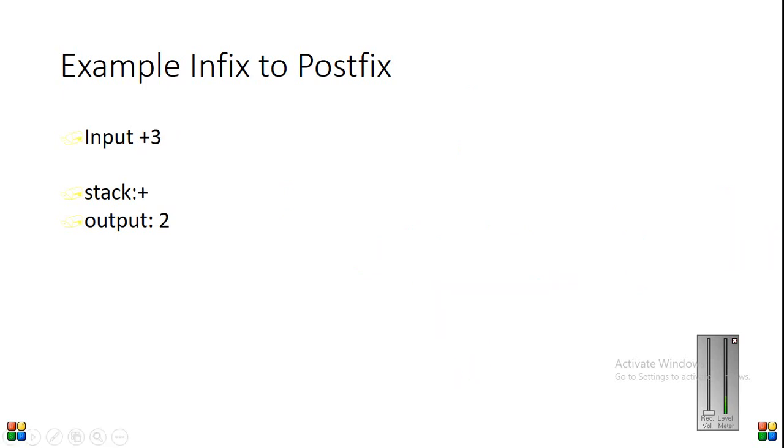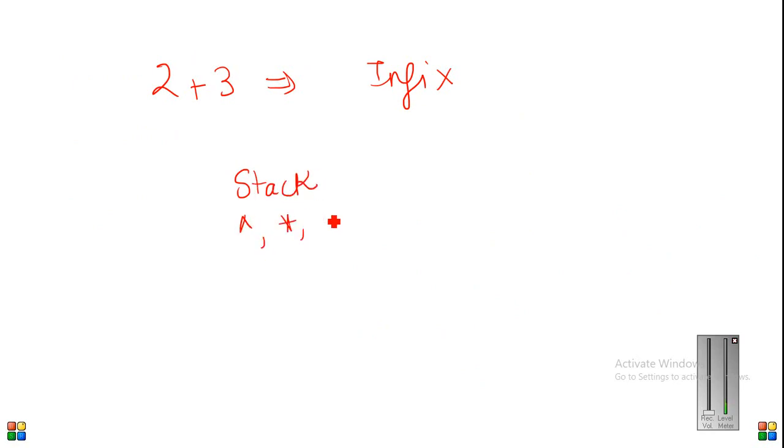So I just see the 2 and keep it in the output expression. Then I see plus, right? So let me do one thing, I will just design the example. This expression is infix, right? I will have my stack here. The stack can only contain operators, and then I have an expression.